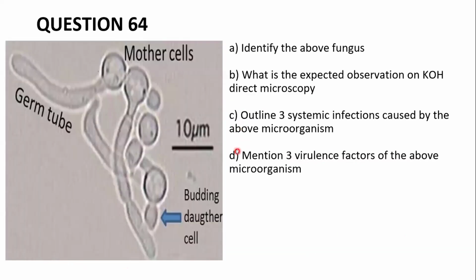Now, this is also another one. You already got the answer from here. Budding daughter cell, you can already tell what this is. But this is a germ tube. These are the mother cells. Then here are the budding daughter cells. What fungus is this? Yeah, you've already gotten the answer.